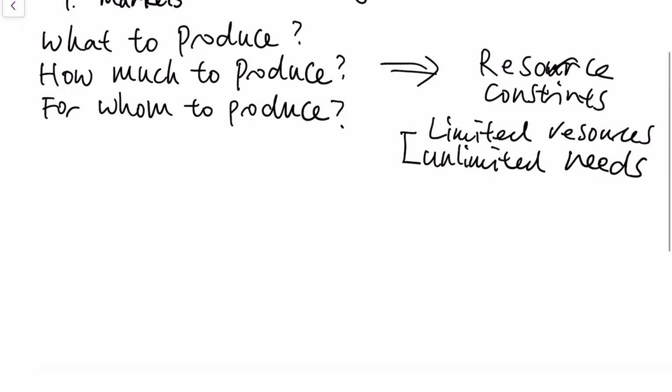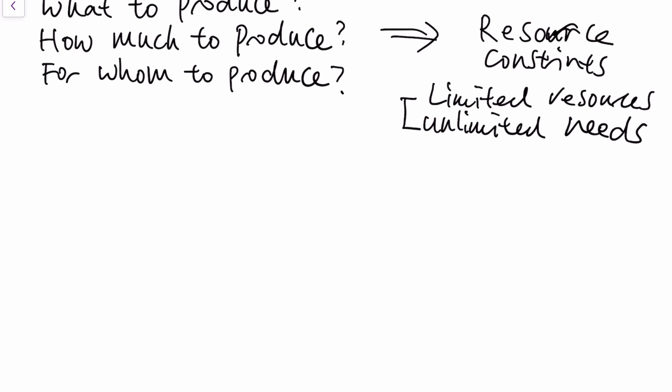Obviously, this can lead to some equity concerns, but this is really not a topic of study in VCE Economics. We are just looking at the basic model of what should happen in theory with markets.